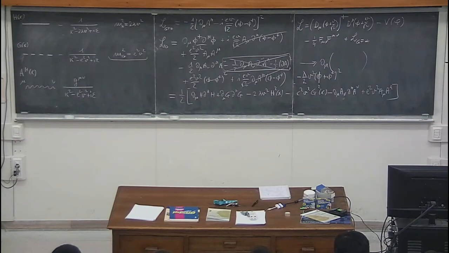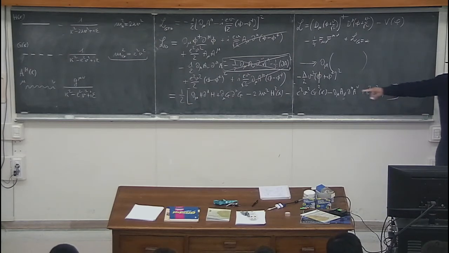And the whole thing is, in fact, invariant under the gauge transformation. So I have absorbed the variation of the mass terms into the variation of something else by means of this mechanism.